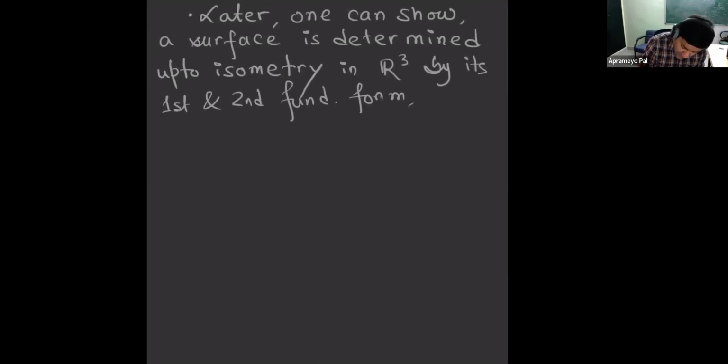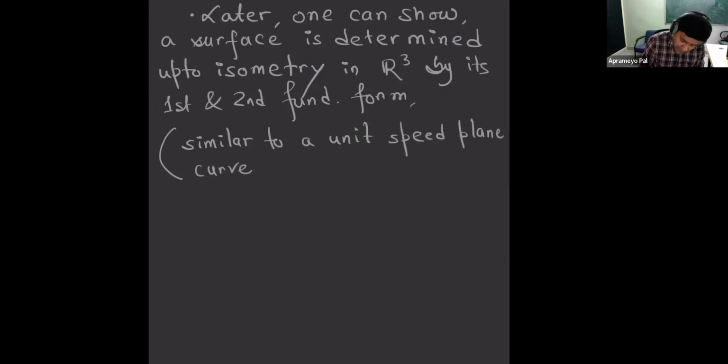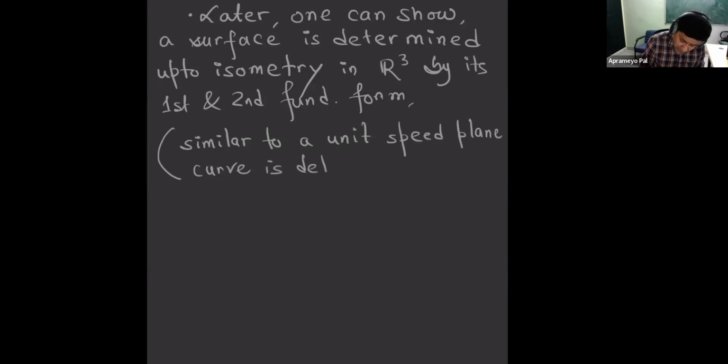A similar kind of result we have already seen in the curves section. For example, similar to when a unit speed plane curve is determined by its sine curvature.